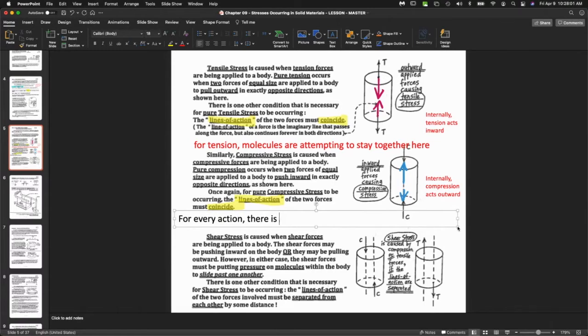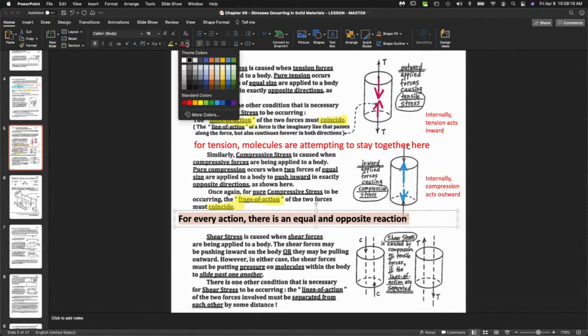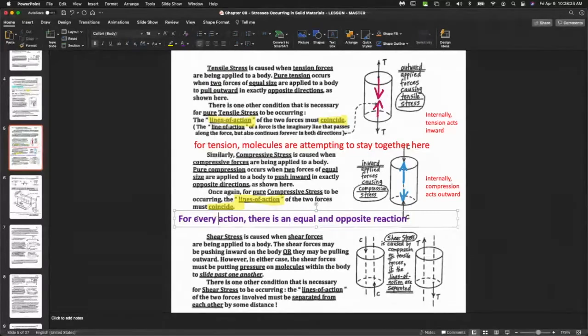Okay, Amira, you're close. There's one more word that I need from everybody. There's two words. There is an equal and op... A+ there. There you go, people. For every action, there is an equal and opposite reaction. And who is this statement attributed to?